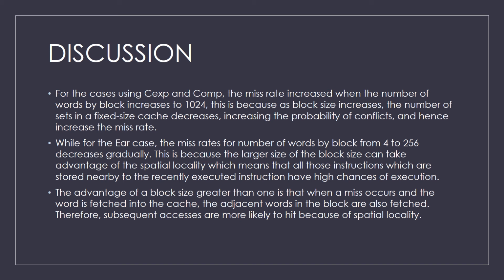The advantage of a block size greater than 1 is that when a miss occurs and the word is fetched into the cache, the adjacent words in the block are also fetched. Therefore, subsequent accesses are more likely to hit because of spatial locality. Hence the miss rate is decreased.